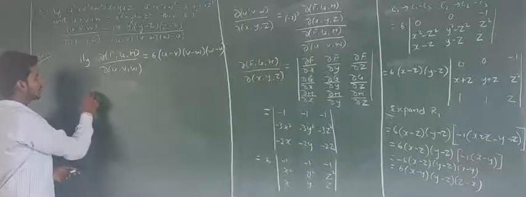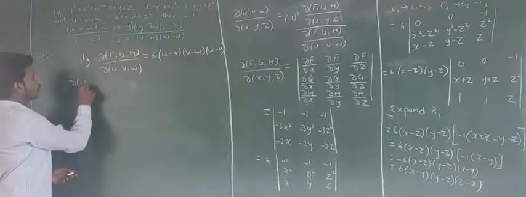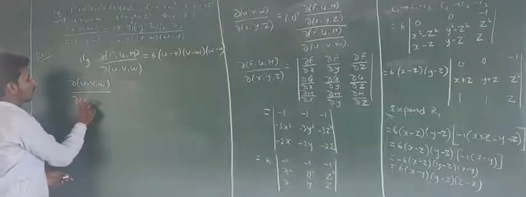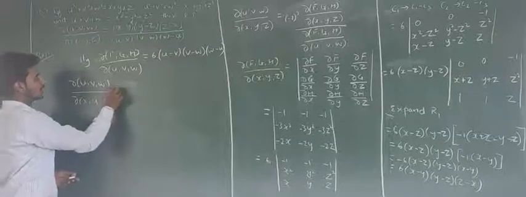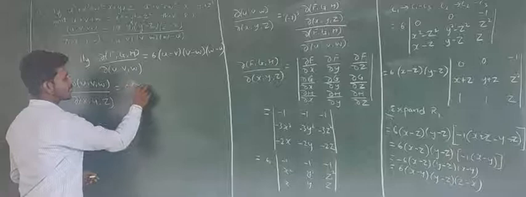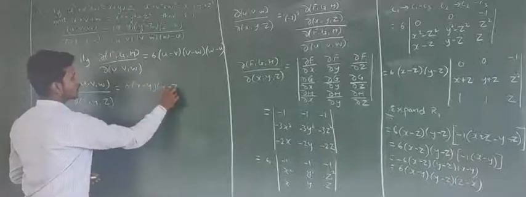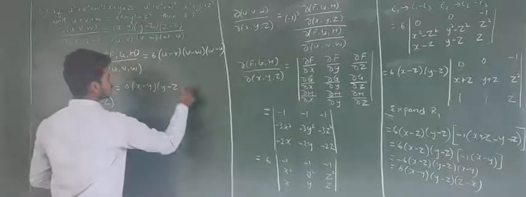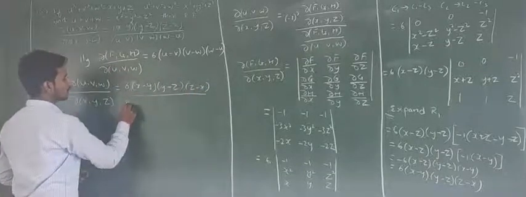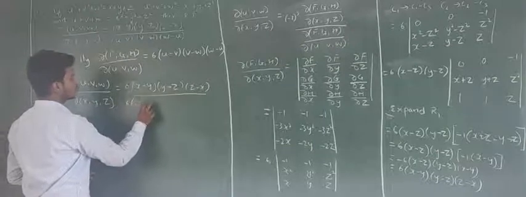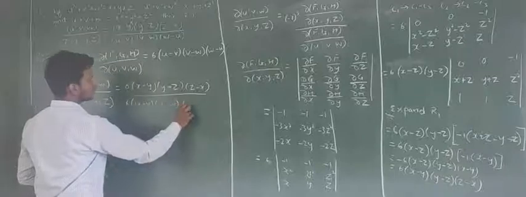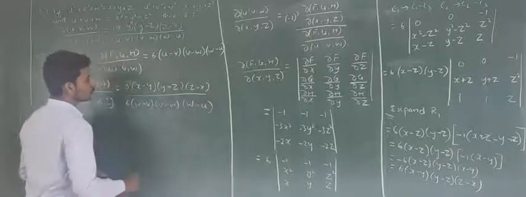So we will substitute there: dou of u comma v comma w divided by dou of x comma y comma z is equal to 6 into x minus y, y minus z and z minus x, divided by 6 into u minus v, v minus w and w minus u.